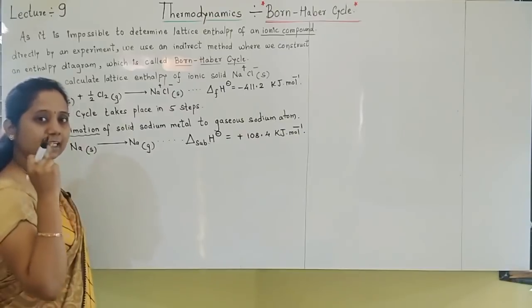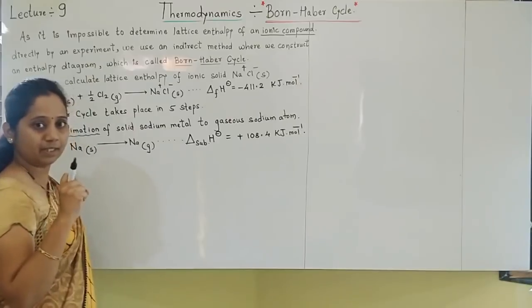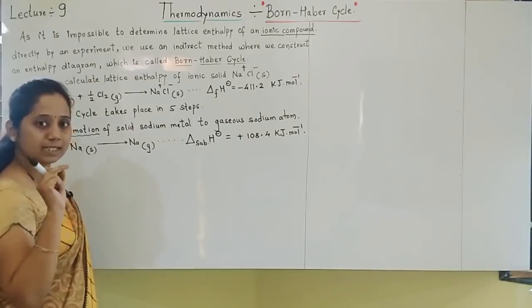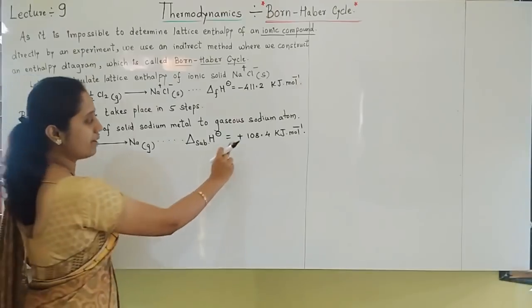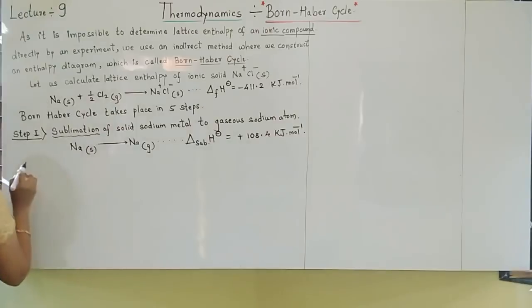After heating only, solid can get converted into gas. As heat is absorbed, the reaction is endothermic, and that's why the value I have written is positive. Okay, let us move towards step 2.